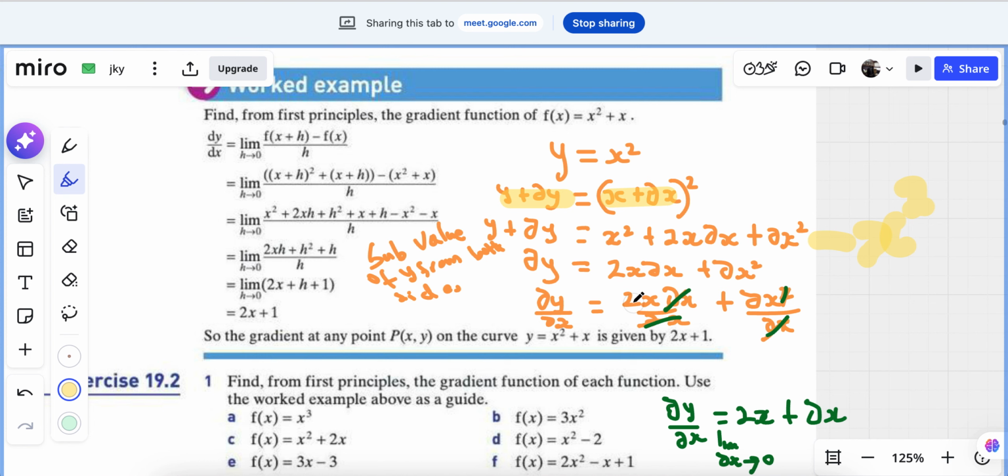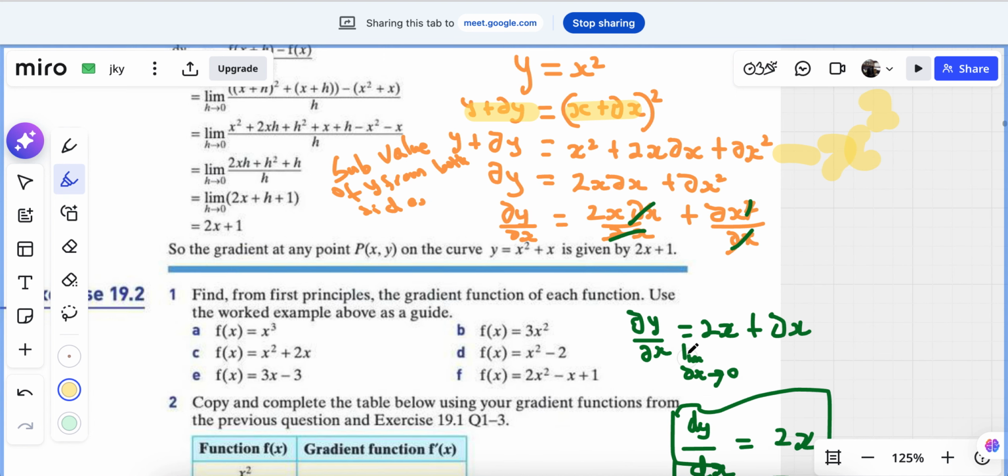That's what we say. So dx is approaching 0 as the two points on the curve come close to each other. We say limit dx approaches 0. So when limit dx approaches 0, this one will become 0.